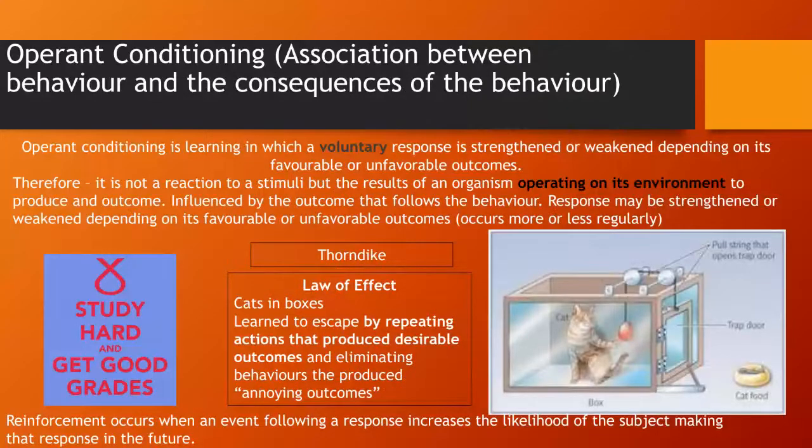Operant conditioning, second part. Remember, with operant conditioning we're talking about behavior and the consequences of behavior. This is where we start to talk about rewards and punishment and outcomes or consequences of behavior. Classical conditioning was quite involuntary, and you can see from our explanations that those are involuntary responses, whereas operant conditioning is learning in which a voluntary response is strengthened or weakened depending on its favorable outcomes.